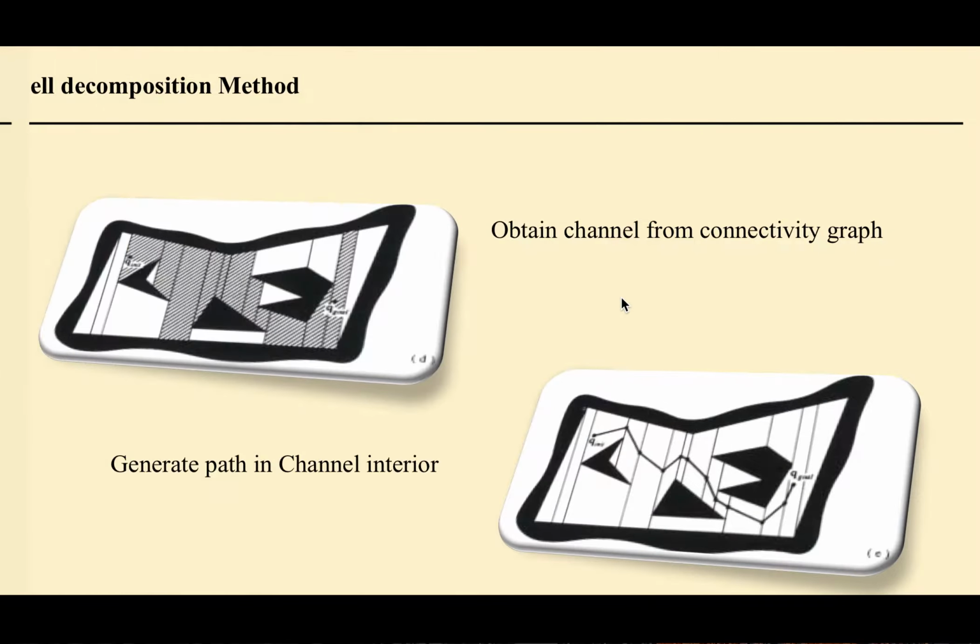In the next step, we find where the initial configuration and the goal configuration are, and obtain a channel from the connectivity graph. Then we highlight the cells that will take us to the Q goal, and from there we generate a path in the channel interior.